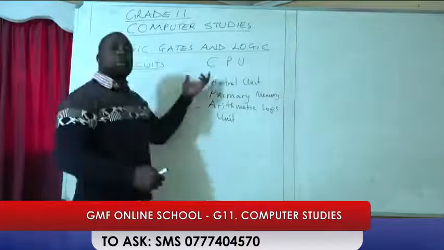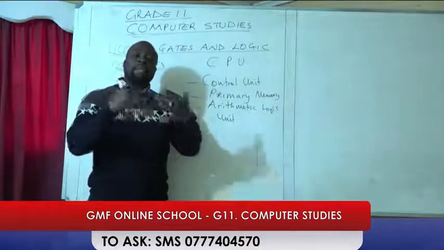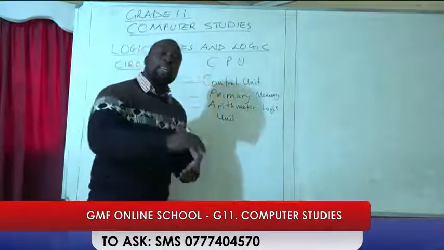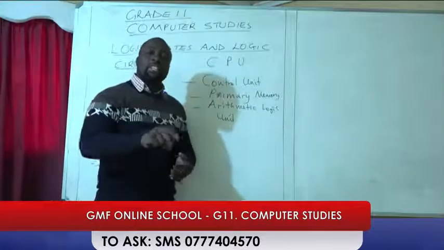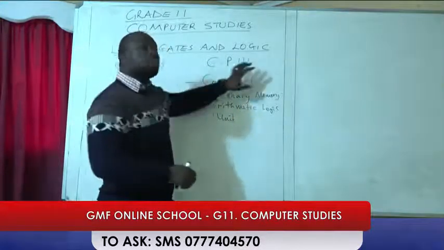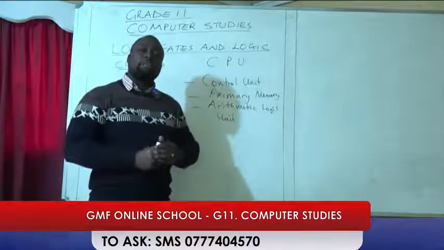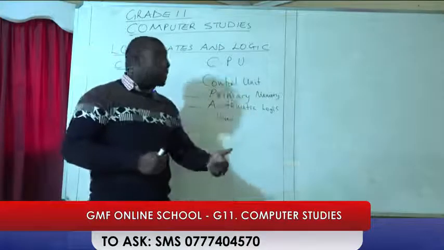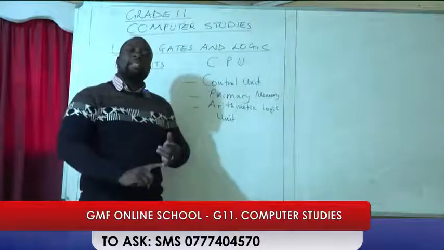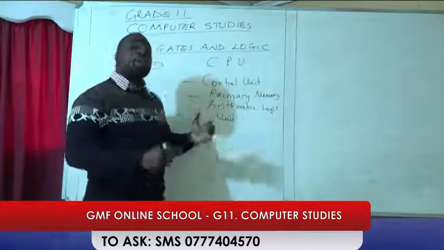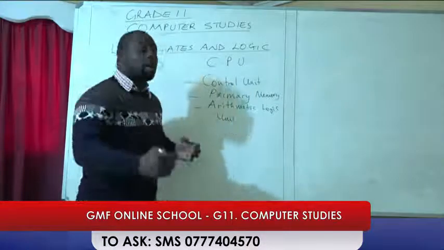Now, the control unit is the part of the CPU that is responsible for controlling instructions. For example, if you command any instruction on your keyboard, it is this part of the CPU that directs those instructions to the desired destination. Then the primary memory is the storage of all processing, before processing and also after processing.